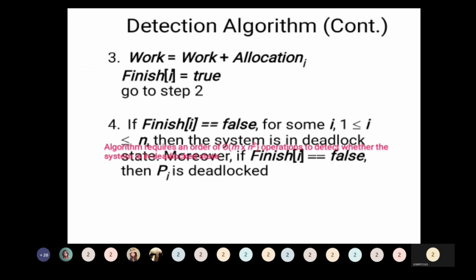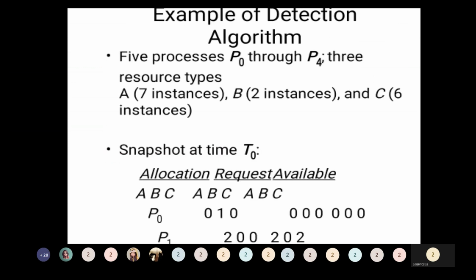The algorithm requires O of m times n squared operations to detect whether the system is in deadlock or not. If finish of i equal to false, then Pi is deadlocked. This example shows the detection algorithm, as in the previous Banker's algorithm example.